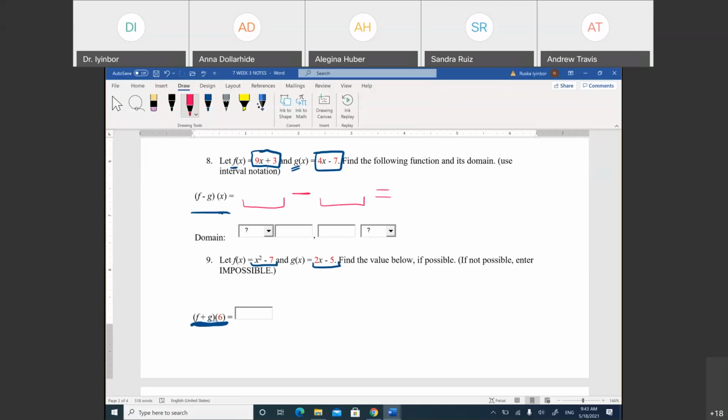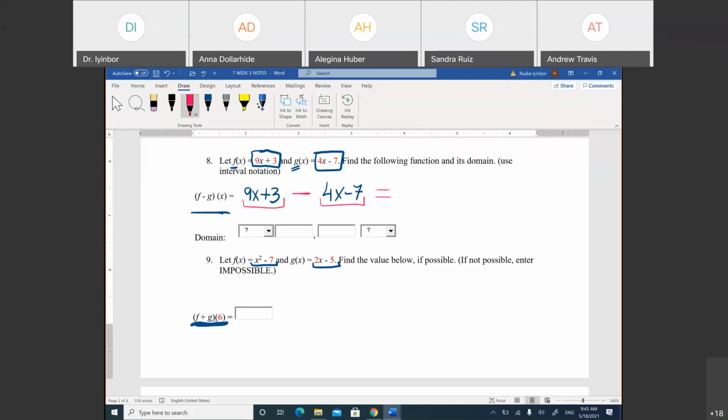Okay? So what is f? 9x plus 3. Yeah, so you're going to copy that. 9x plus 3. Copy and paste, right? What is g? 4x minus 7. Okay, that's right. And then you're going to subtract.